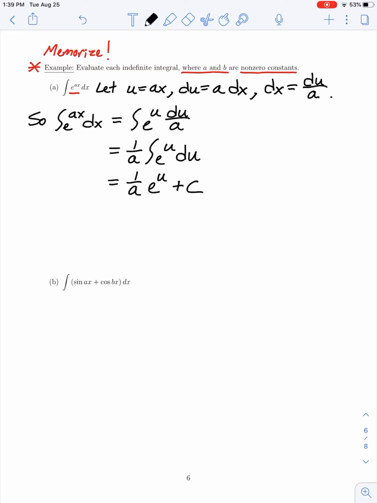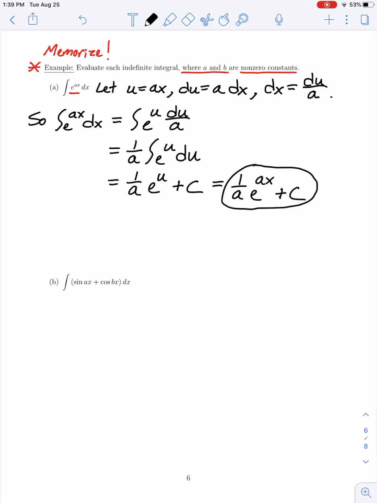And as with our earlier u substitution examples, once we have our antiderivative, we want it in terms of the same variable that we started with, in this case x. So substituting ax back in for u, we have 1 over a times e to the ax plus c. So this formula for the antiderivative of e to a constant times x, you'll want to have memorized.